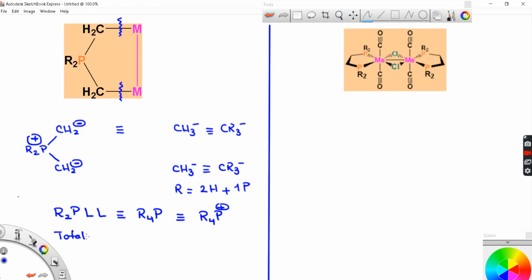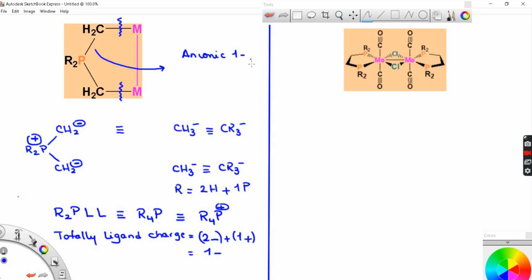Totally, the ligand charge is 2 minus plus 1 plus, so is 1 minus. This ligand is anionic, 1 minus, but 4 electrons donor, 2 electrons to each M.